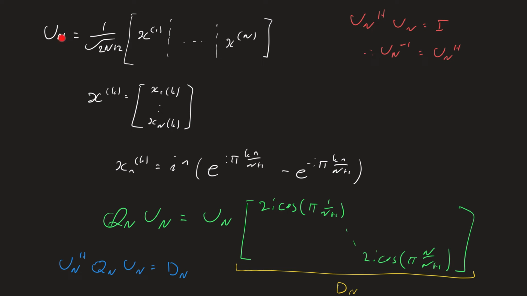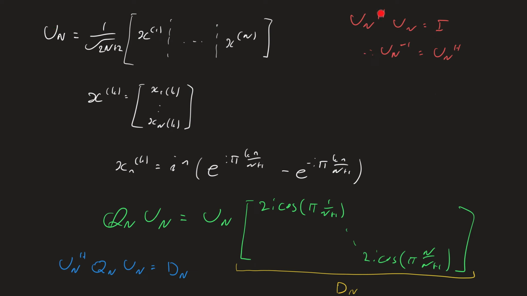To make U of n unitary, we also require that each column has unit length, and we computed the length of each eigenvector and found that they all had the same length, namely the square root of 2n plus 2. So by multiplying by this constant here, we have created a unitary matrix U of n.